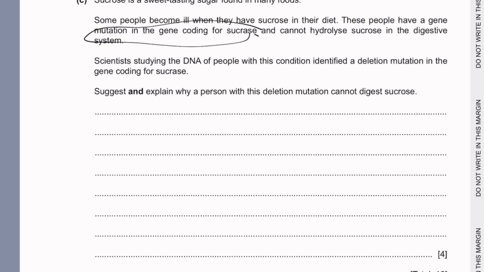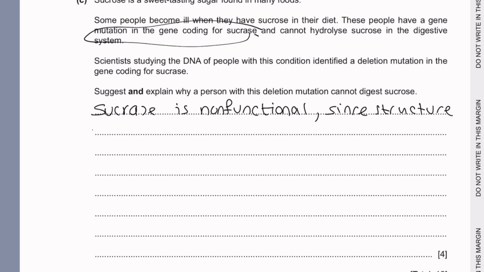Well, firstly, we can say how their sucrase is non-functional. And then we could say why, because it does not have the right structure. Since structure is changed, you can mention how the structure is changed, maybe primary structure changed.